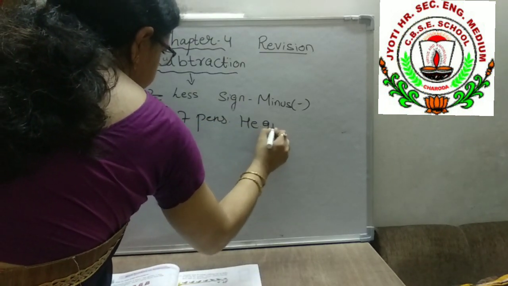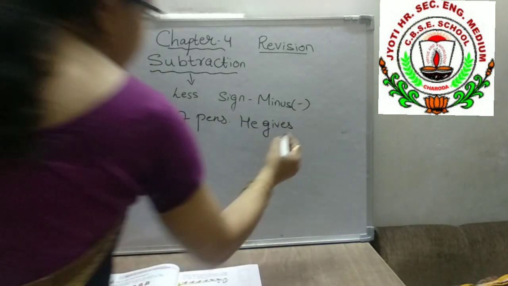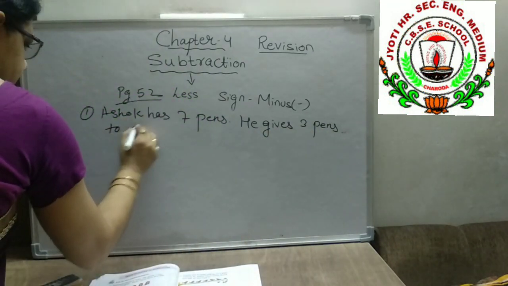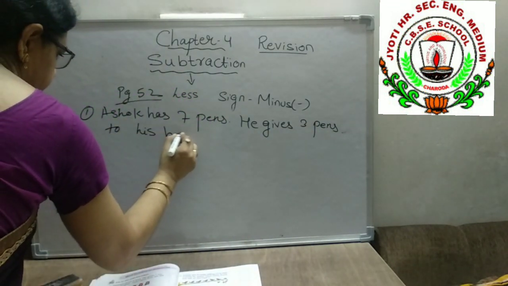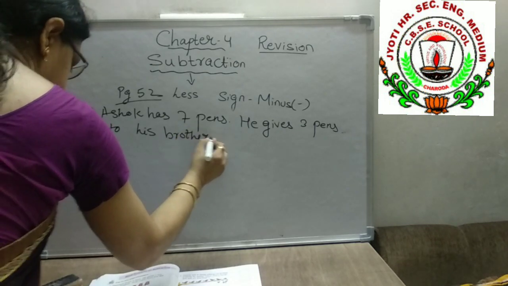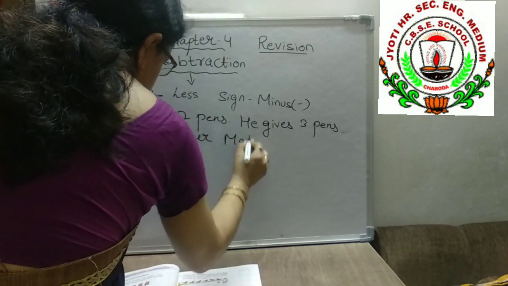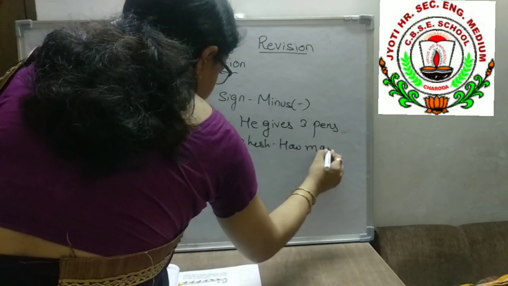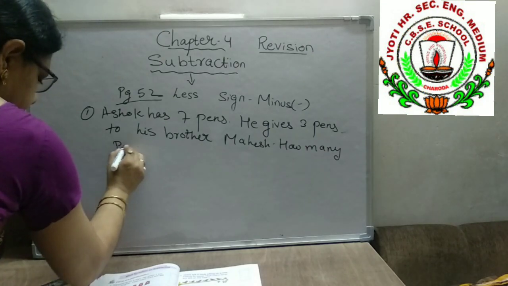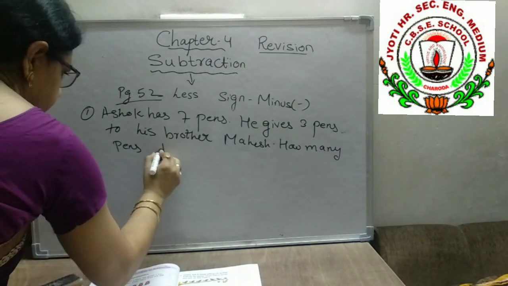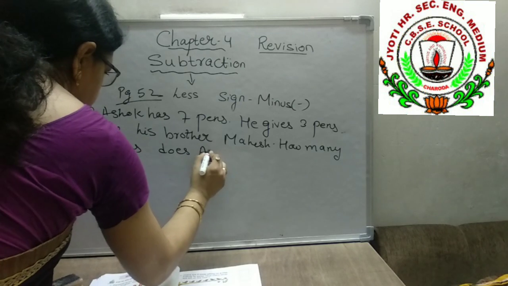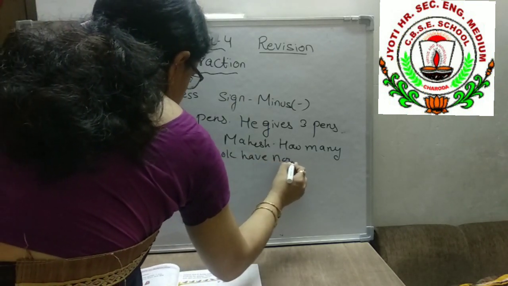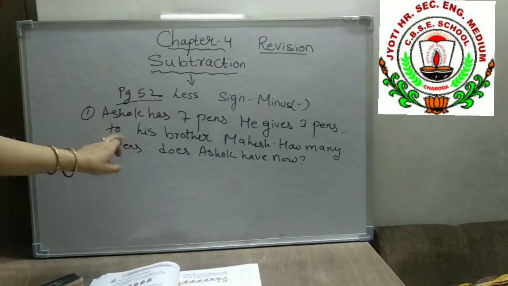He gives 3 pens to his brother Mahesh. So how many pens does Ashok have now? This is the question which is written in your book, on page number 52.